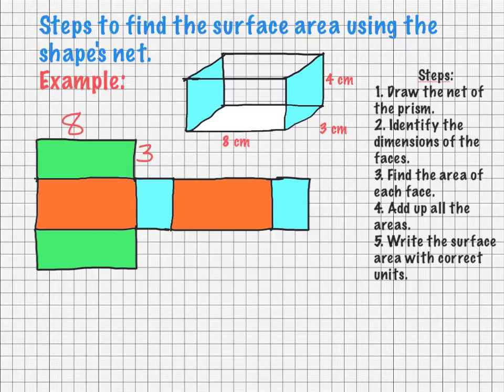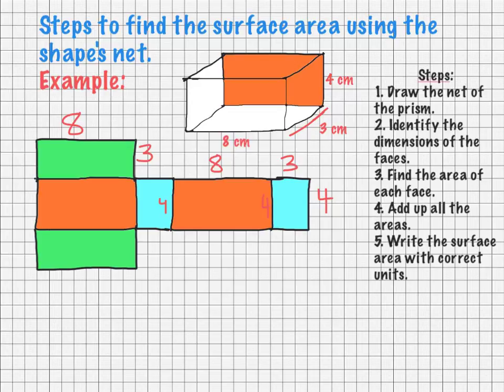The right side base is the teal-colored base and has dimensions of 3 centimeters by 4 centimeters. The last base to identify could be the front or the back, and the dimensions there are again 8 centimeters by 4 centimeters. Hopefully you can see that 4. I'll put it here also.